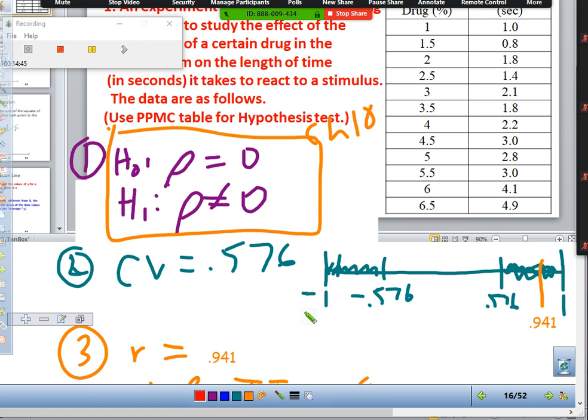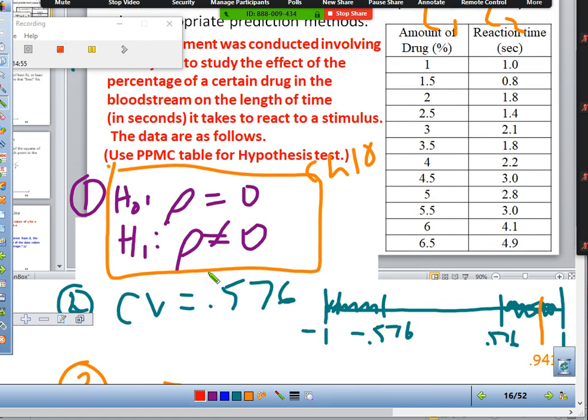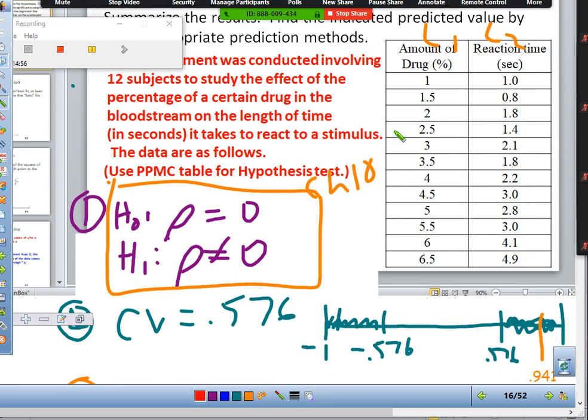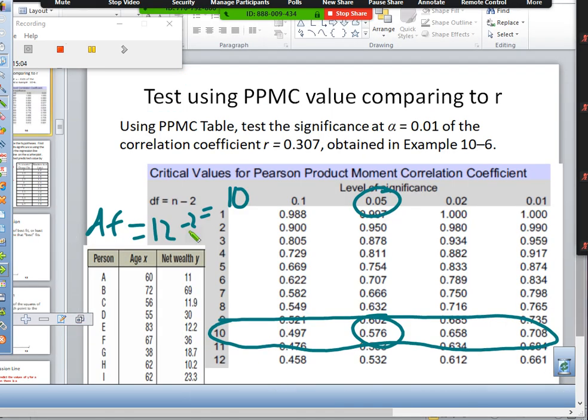Our critical value, look it up on the table. My alpha is 0.05, I think, and I have 1, 2, 3, 4, 5, 6, 7, 8, 9, 10, 11, 12 items. So 12 minus 2, my degrees of freedom would be 10. Looking along the row for degrees of freedom 10, alpha 0.05, it's going to be 0.576.